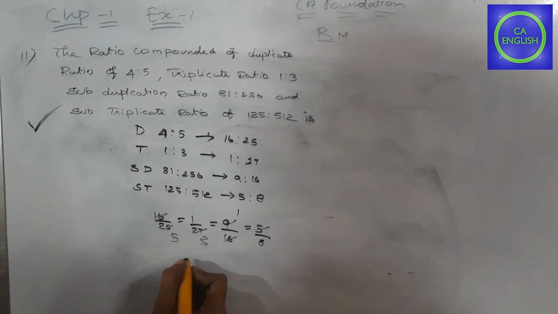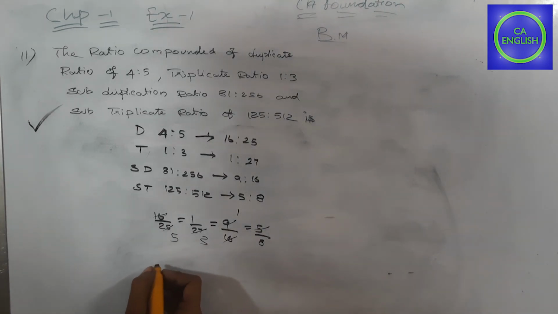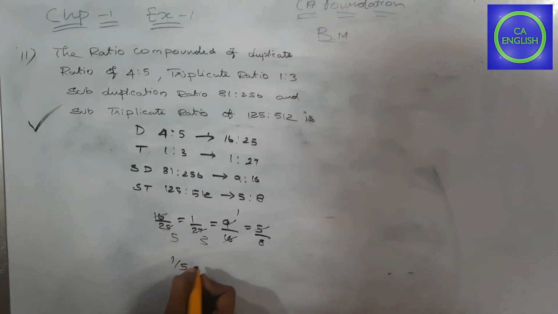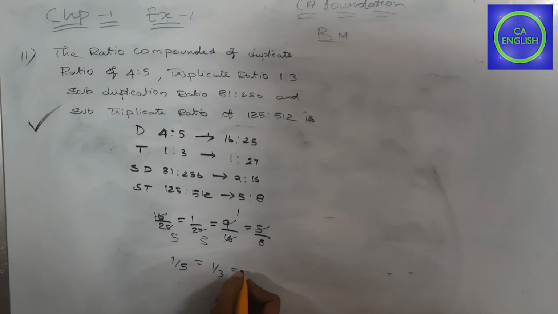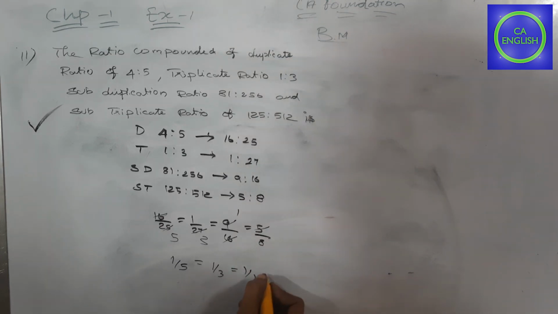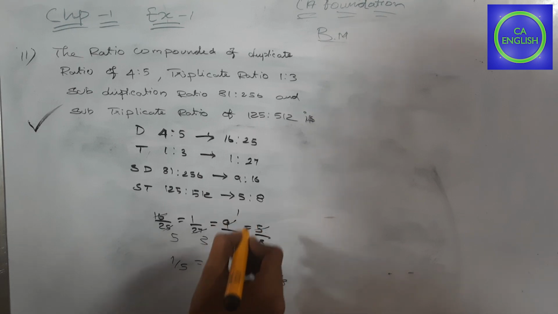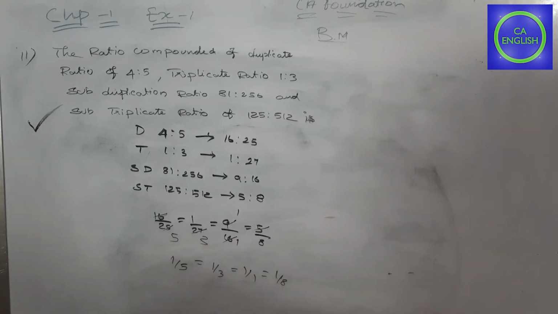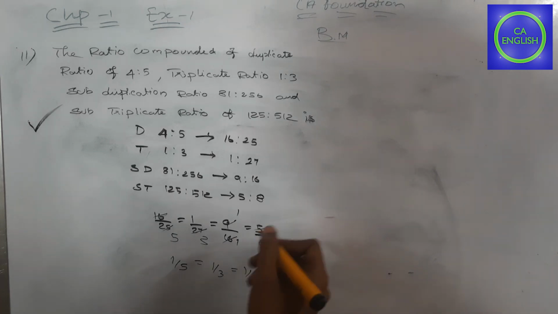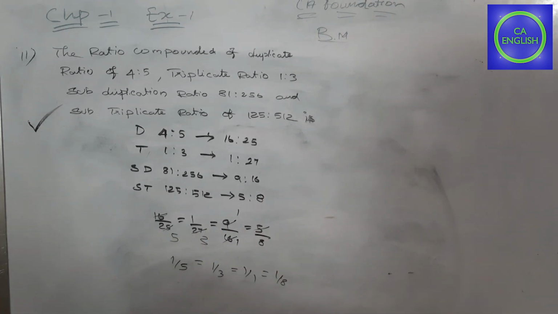Then write the balance ones, 1 by 5 equal to 1 by 3 equal to 1 by 1 equal to 1 by 8. If there is no number in the denominator, just mention 1. Don't mention it as 0, because 1 by 0 is infinity.